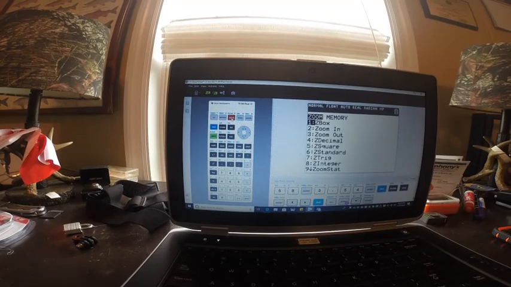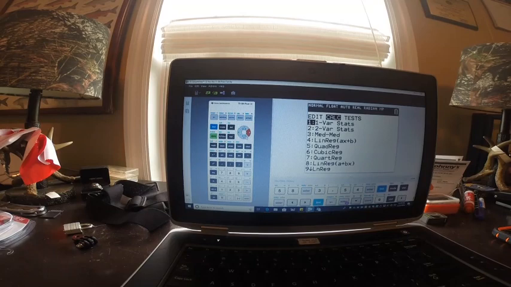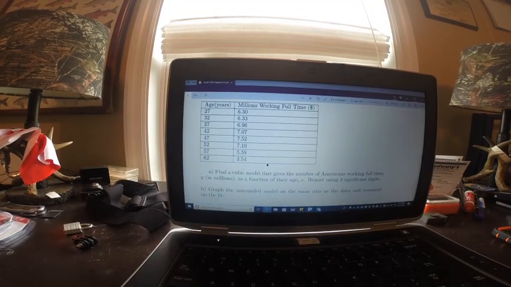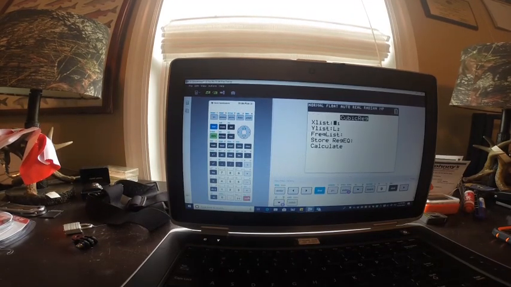Now I'm going to go zoom, and then I'm going to go stat. We can see our data here. Now I'm going to go stat, calc, and in our problem, it wants us to do a cubic model. So I'm going to scroll down to cubic regression, number 6.